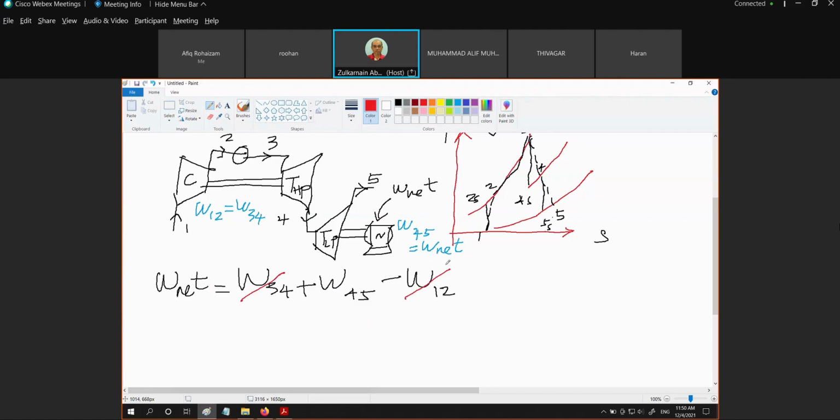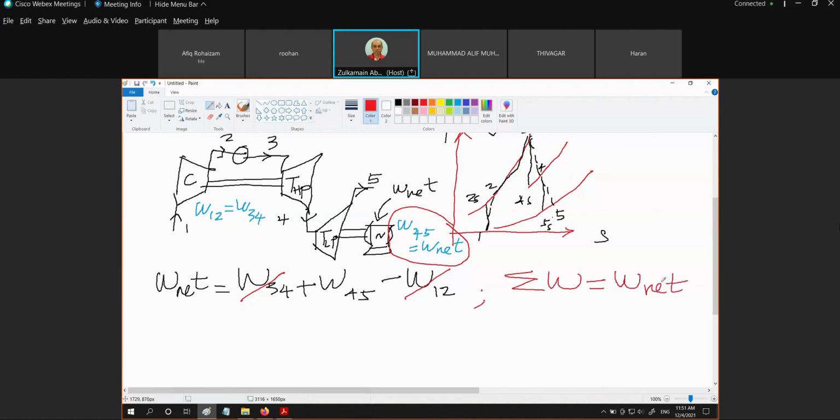Can you see this? W net is equal to W 4,5. And from here, we can see W 1,2 equal to W 3,4. If you want to use this equation, also no problem, because this is the equation of summation of work, which will lead us to the W net.